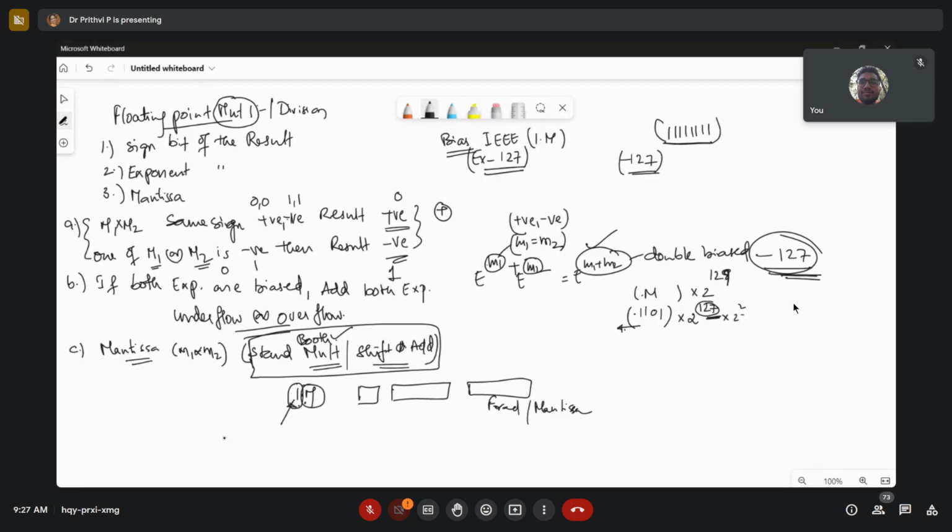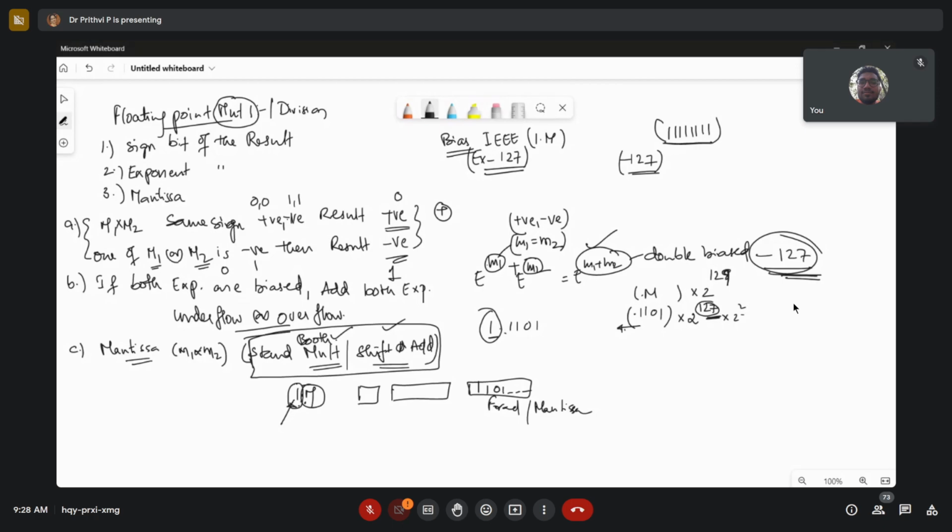Only the fraction is represented. Say 1.1101 is there; this 1 won't be seen here. Only 1101, with the other bits filled with 0, will be represented. So you have to take care of the hidden bit when performing the iteration of shift and add multiplication. In any multiplication process, the hidden bit also has to be considered.